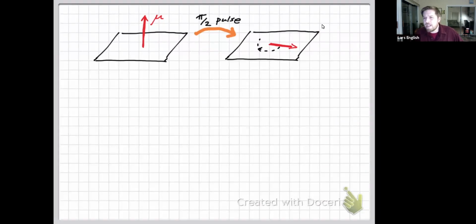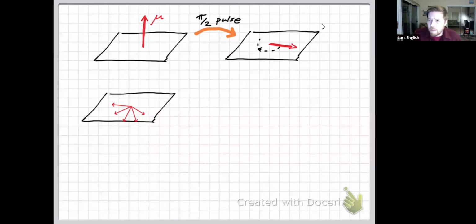And that then has the effect of tilting all these spins into the XY plane, as shown, where they now start precessing about the z-axis. We said that some of them will get ahead and some of them will lag behind due to the non-homogeneity of the magnetic field. So you get sort of this fanning out phenomenon, this dephasing phenomenon, as it is sometimes also called.